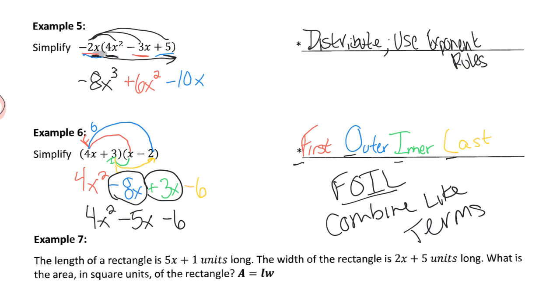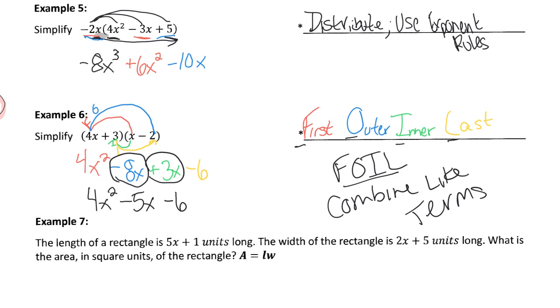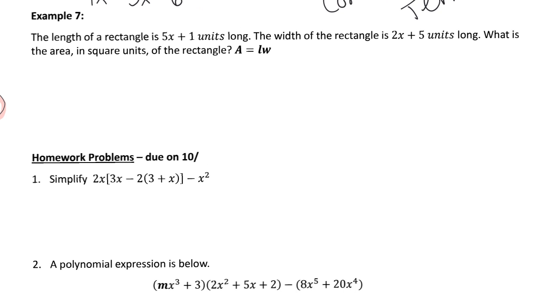Okay, so let's look at example number 7. It tells us the length of a rectangle is 5x plus 1 units long. The width of the rectangle is 2x plus 5 units long. And we want to find the area, okay?